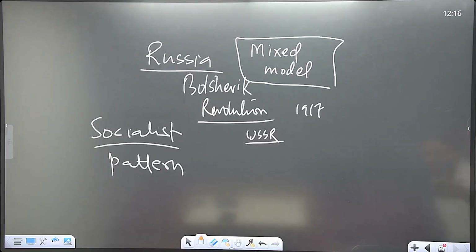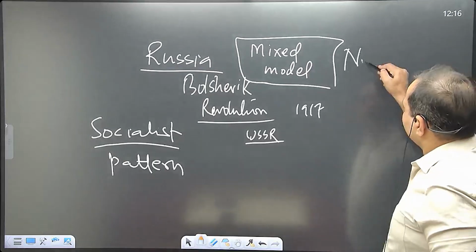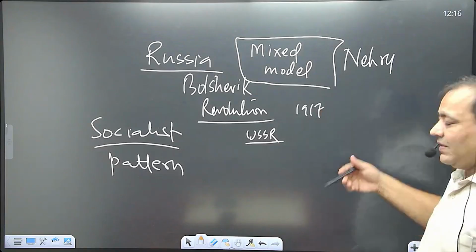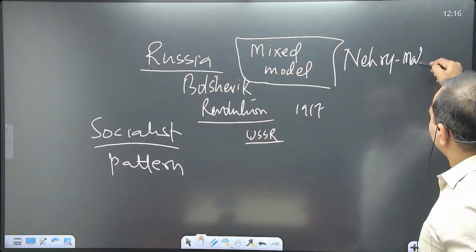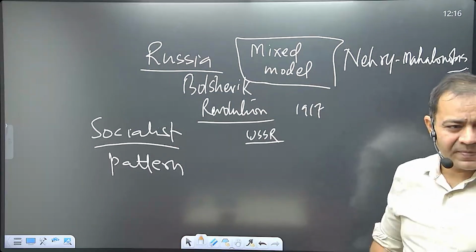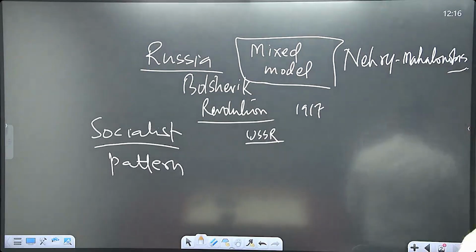In bracket, you can also write this way: Nehru, and not only Nehru, but there was a statistician, Mahalanobis. Have you heard of Mahalanobis? That model is known as the Nehru Mahalanobis model. You can Google the name Mahalanobis to find out who he was.